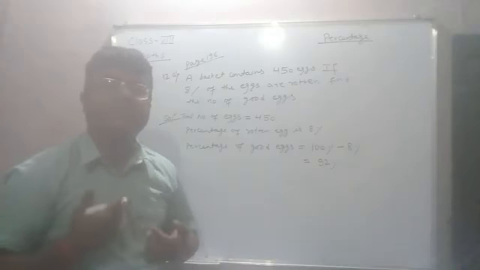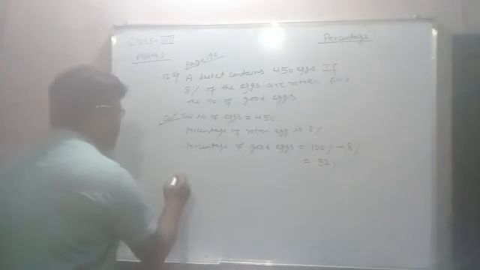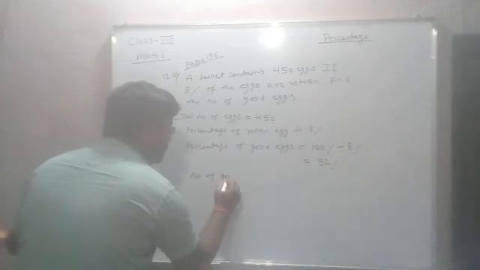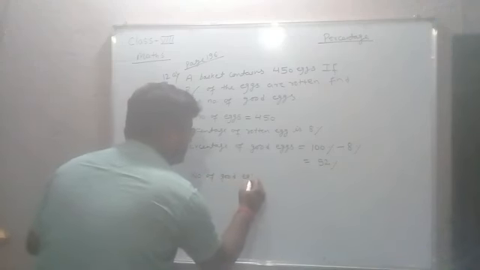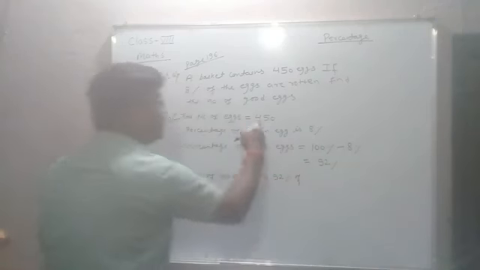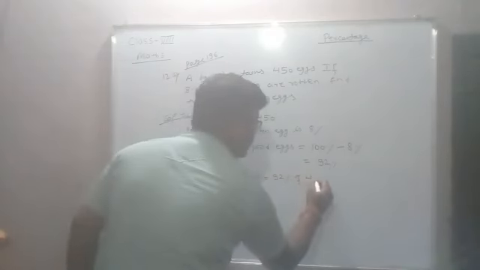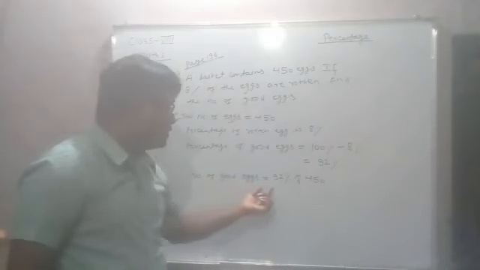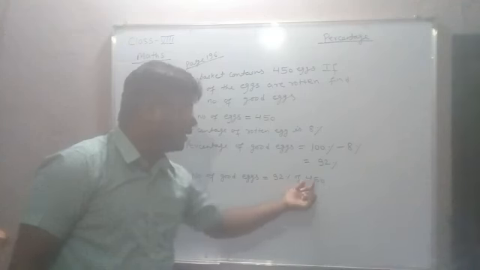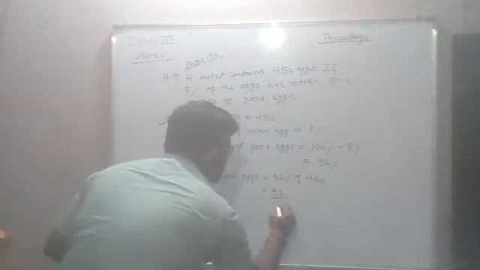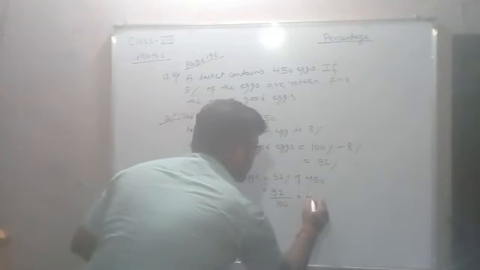So 92% of what? If we need to calculate in number, the number of good eggs is equal to 92% of the total eggs, that is 450. 92% means 92 upon 100, into 450.